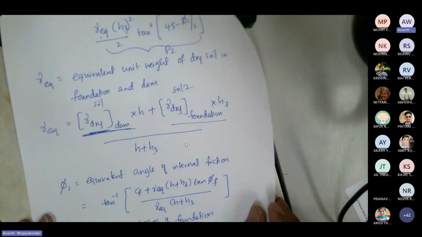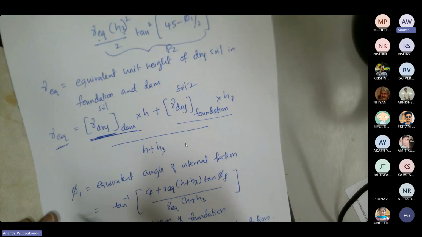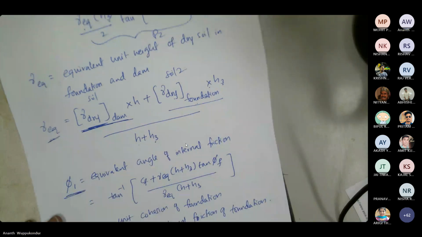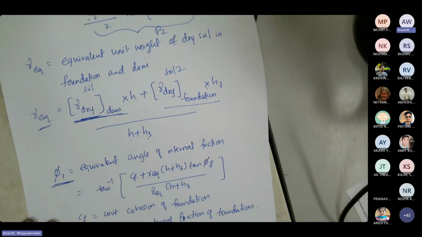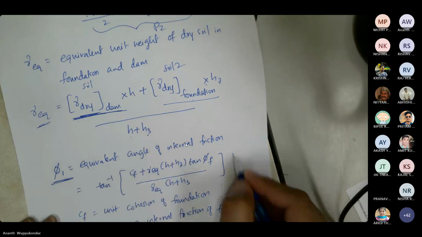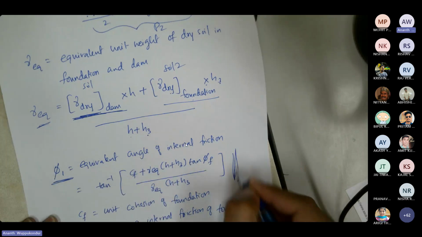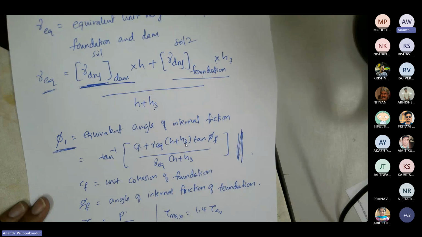Right. And similar to gamma equivalent, we have to calculate the equivalent angle of friction, which is given by this equation here. So this is a bit of geotechnical engineering that you may need to revise some of the concepts.